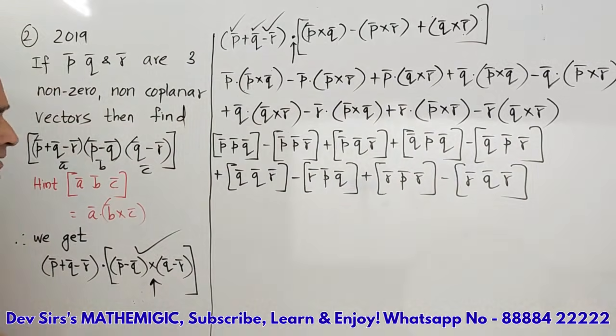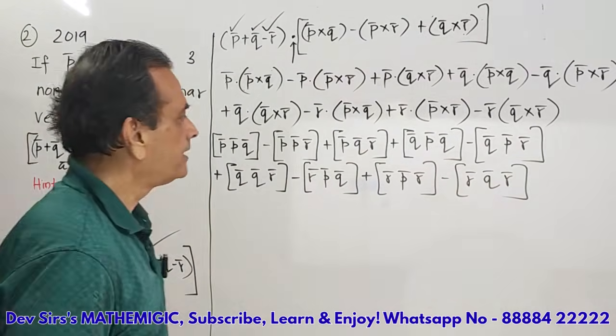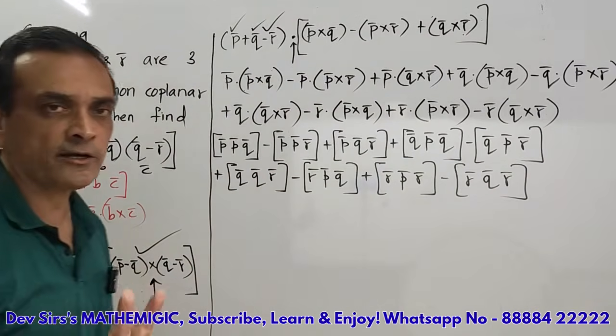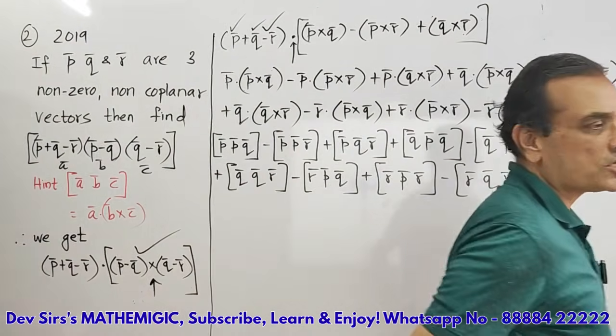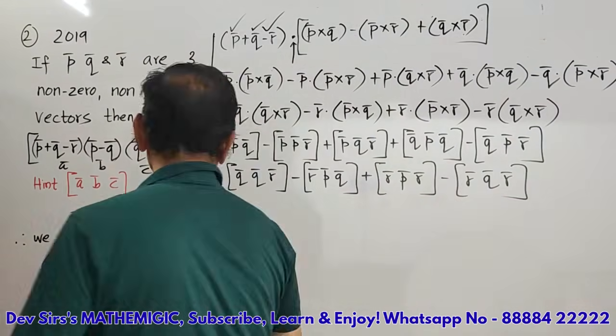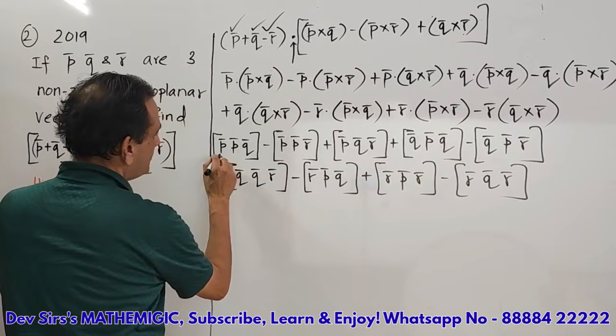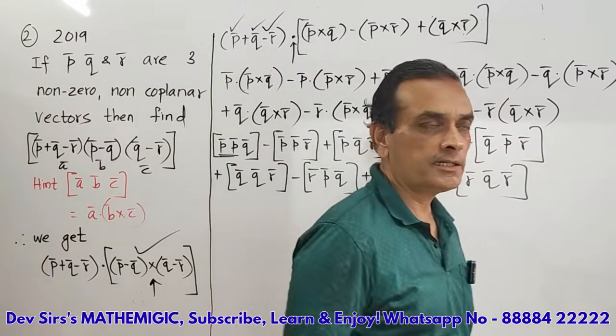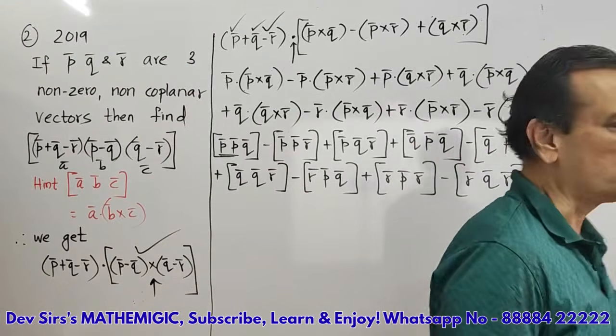Okay, box में क्यों लिखा? Because there is a particular property that inside the box, when any vector is repeated 2 times, the value of the box product becomes 0. Okay, so we can see here P is repeated 2 times. एक box के अंदर if vector is repeated, then the value of the box product becomes 0.